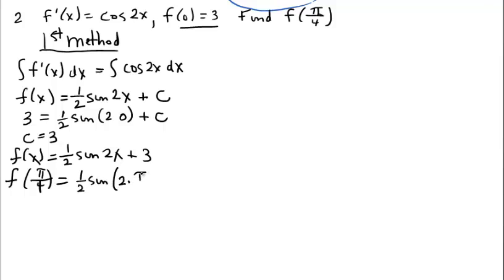So remember, we're going to multiply 2 times pi over 4 first. Sine of pi over 2 is 1. 1 times 1/2 is 1/2. 1/2 plus 3 is 3.5.